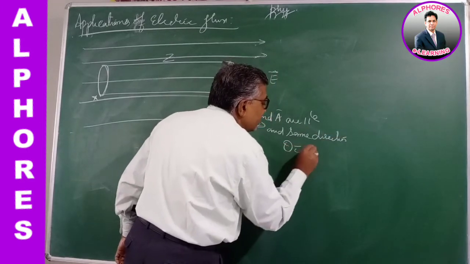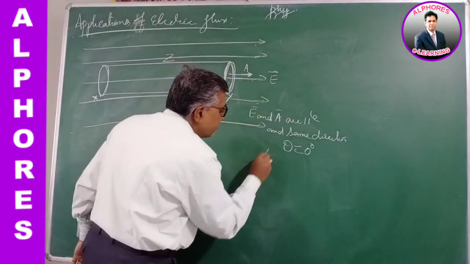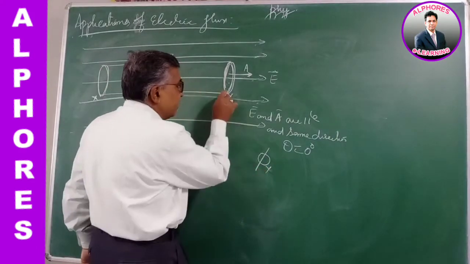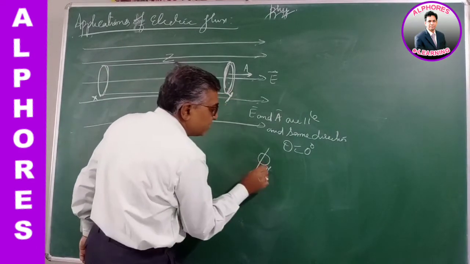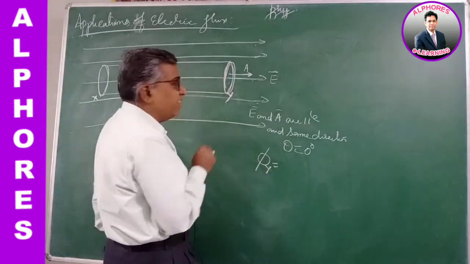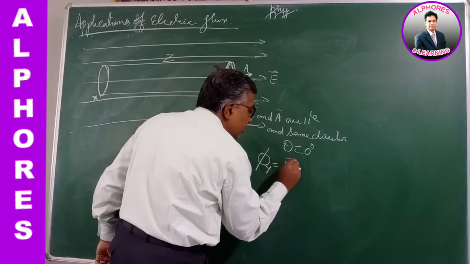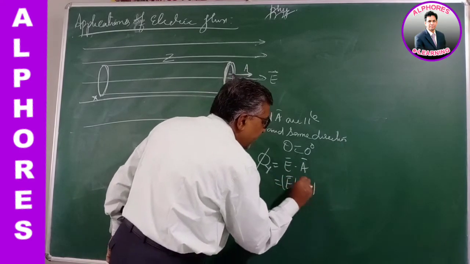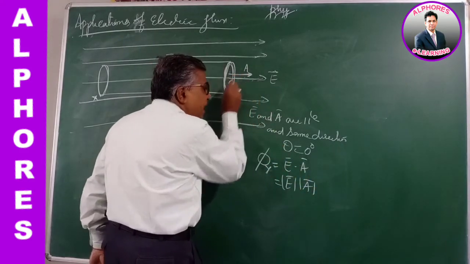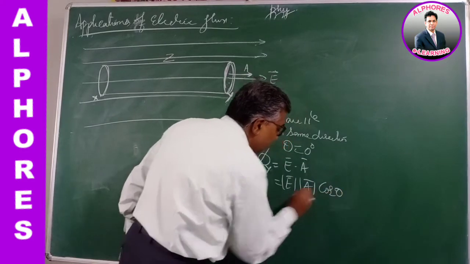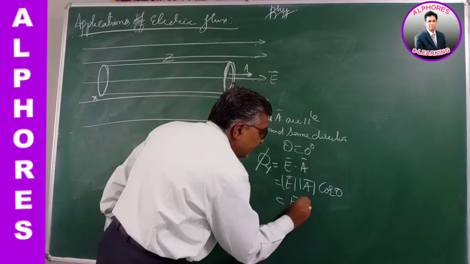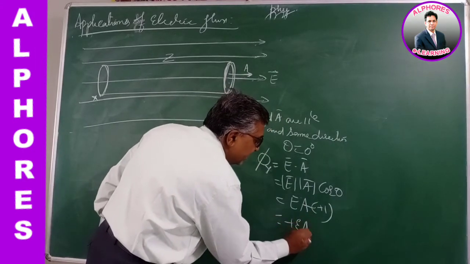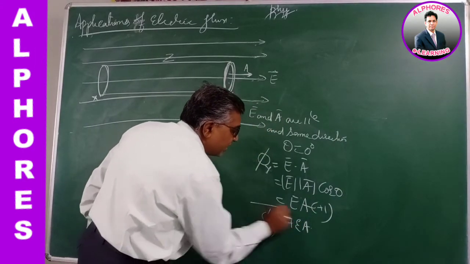So theta is equal to 0. So what is the flux through the surface y? Surface y, I have considered this as y. Flux through surface y is E dot A. So it is E mod A. Now both are in the same direction, parallel. So it is simply EA cos 0, which is plus 1. The answer is plus EA. The flux through y is plus EA.